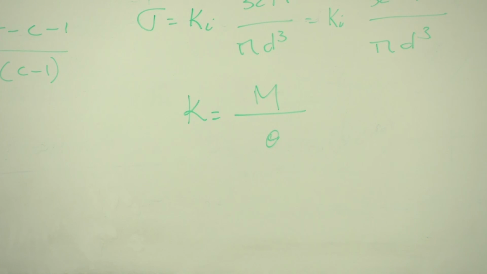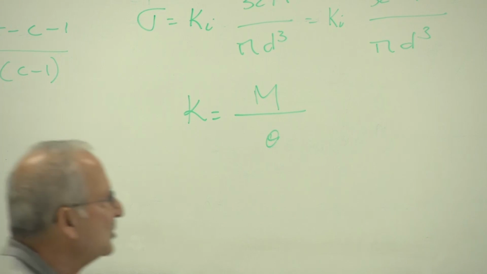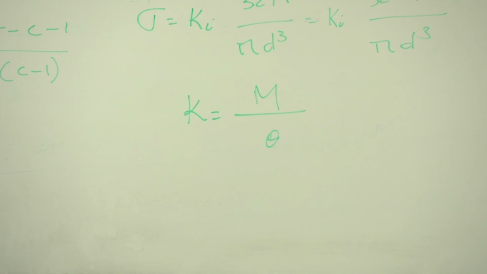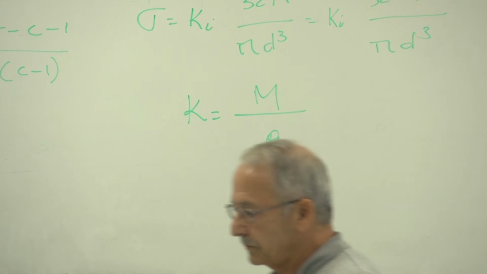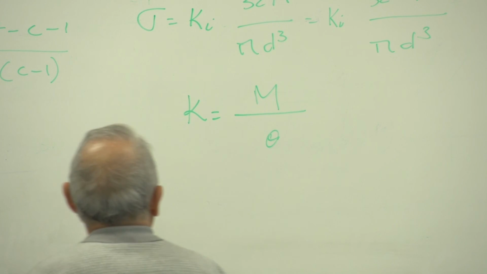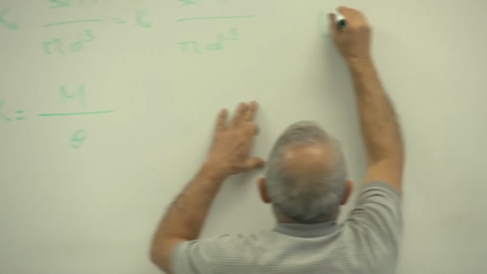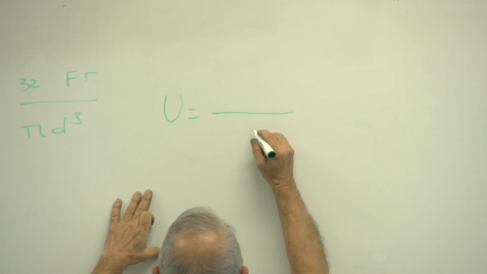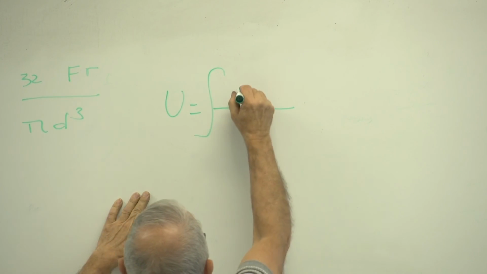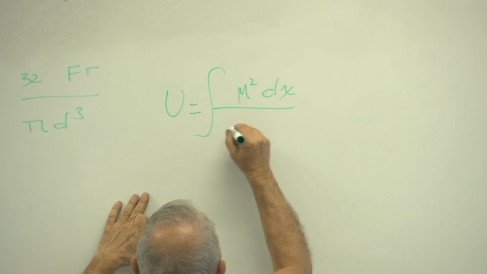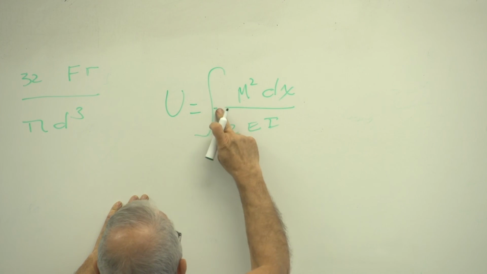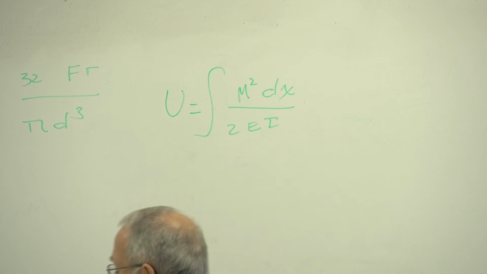Similar to what we did for compression springs, in order to do that, we use Castigliano's theorem. According to Castigliano's theorem, the strain energy stored in a material under bending is equal to the integral of M squared dx divided by 2EI. That's a material in bending.